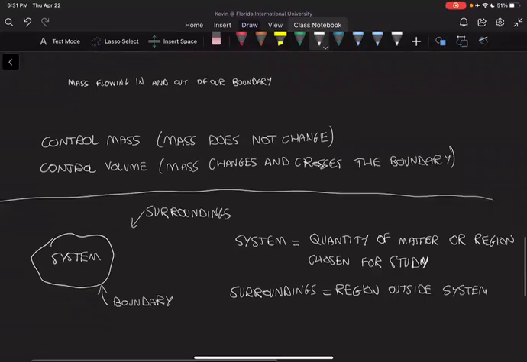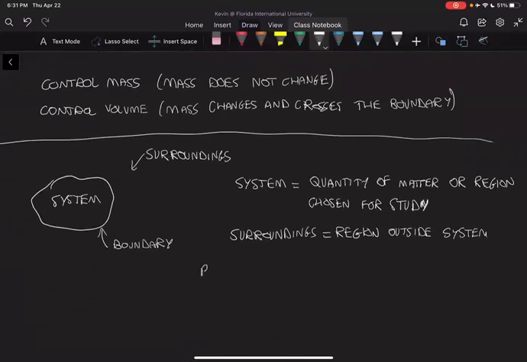And finally, the boundary. The boundary is a real or imaginary surface that separates the surroundings from the system.